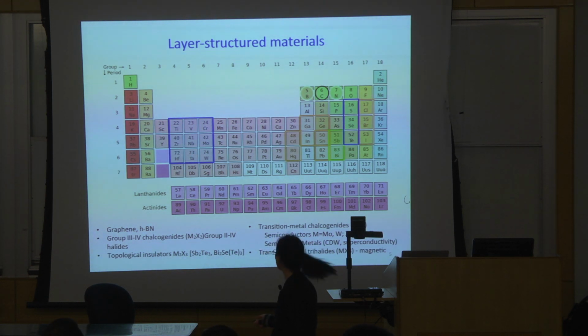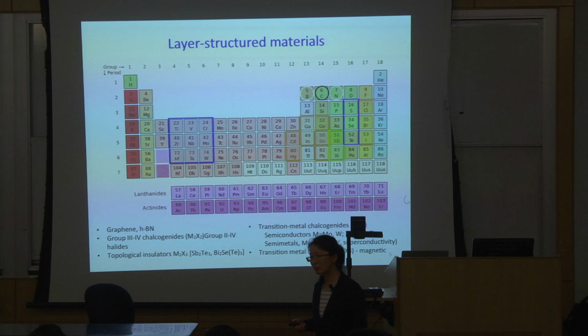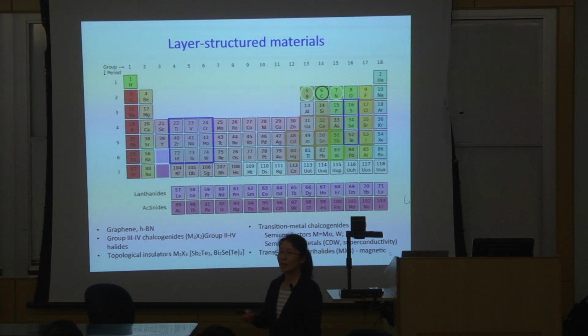This is also a layered structure. What I'm going to talk about most today is the transition metal chalcogenides made of molybdenum or tungsten with sulfur or selenium. And there's also this family of transition metal trihalides, chromium iodide or bromide. So this is a new class of magnetic material.